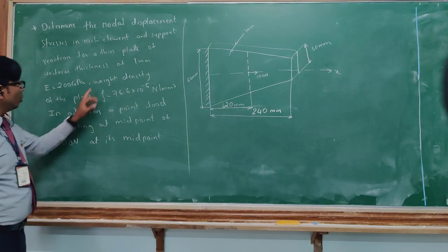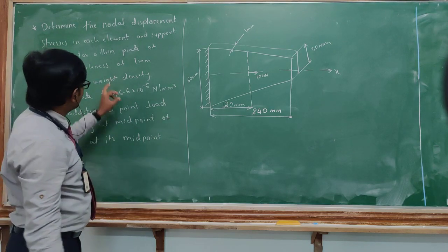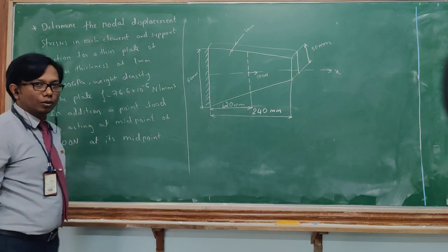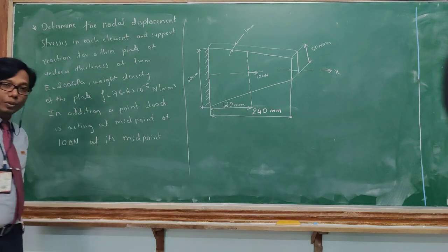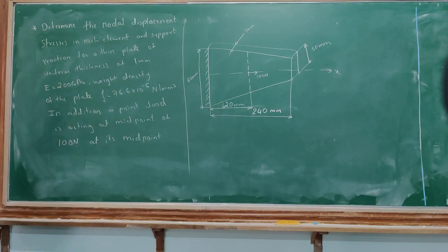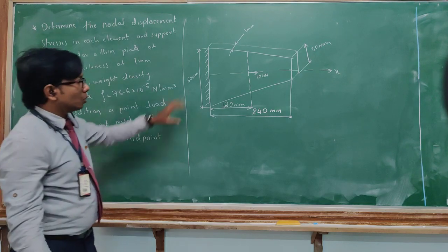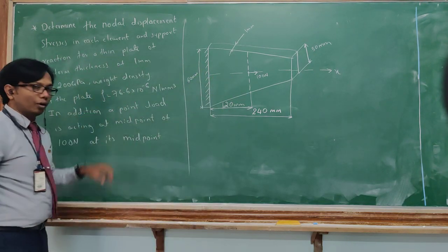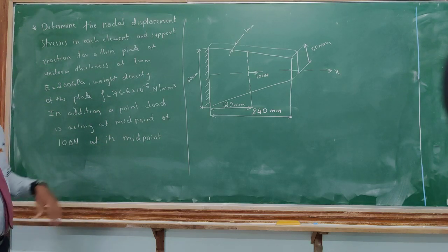One more parameter that has been given here is the weight density of the plate, 76.6 into 10 to the power minus 6 Newton per mm cube, which means that the body is subjected to its own weight. Whenever a weight density is given, it is nothing but the body force acting on the object.